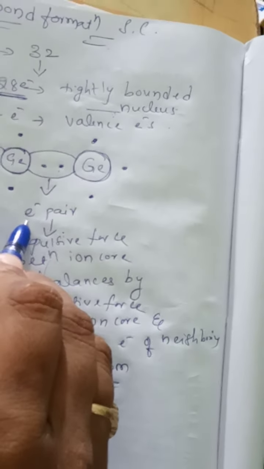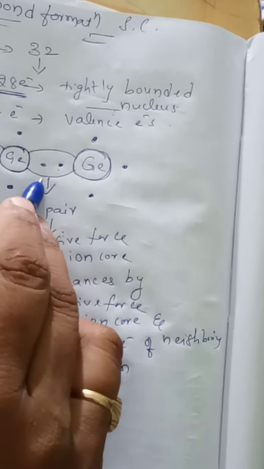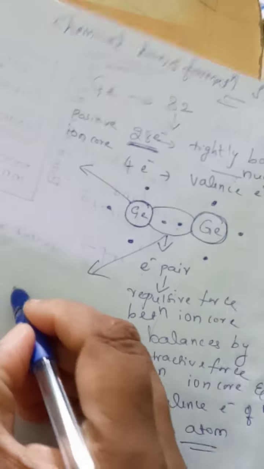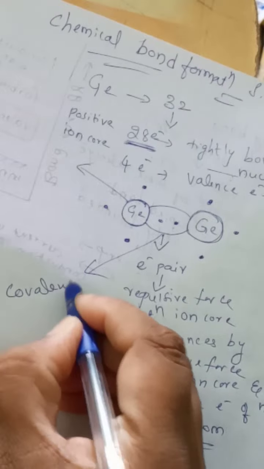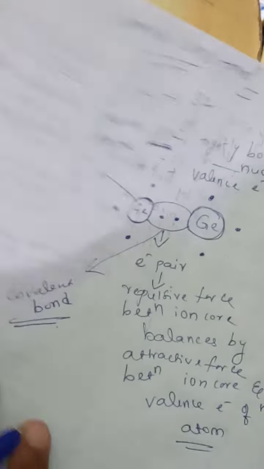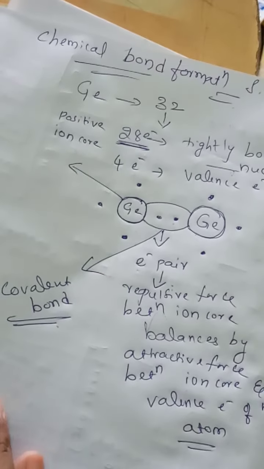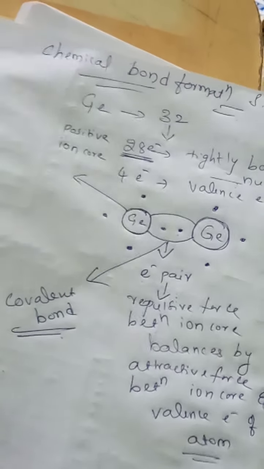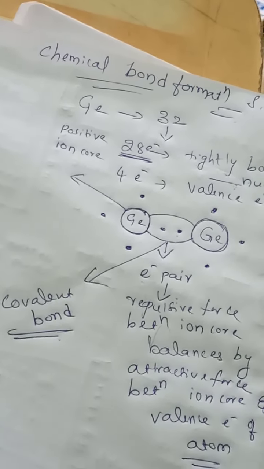This bonding we call a covalent bond. In such a way, covalent bonds are formed between germanium atoms. So this is about chemical bond formation in a semiconductor.